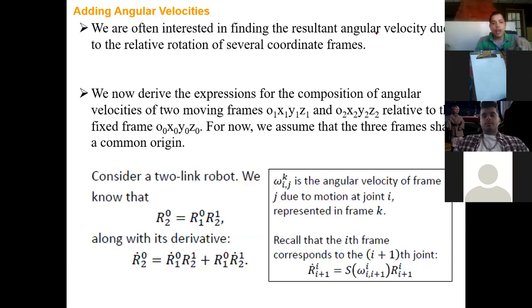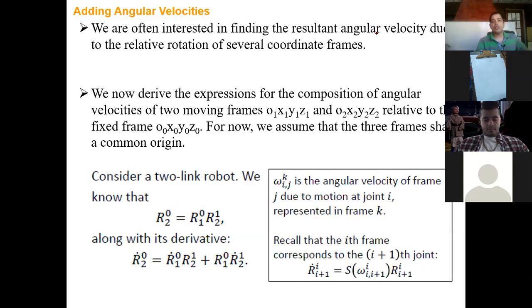Okay. Now I'm talking about adding angular velocity. Suppose in our robot we have different links: link 1, link 2, link 3, there could be n links. Then you have to add the angular velocity of the first link to the second link and third link and so on.